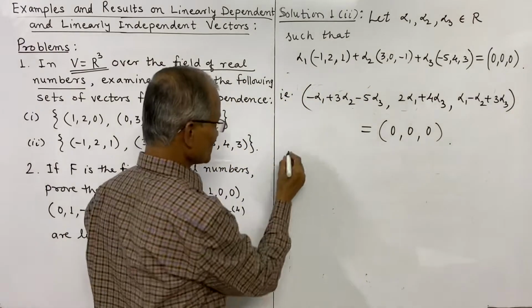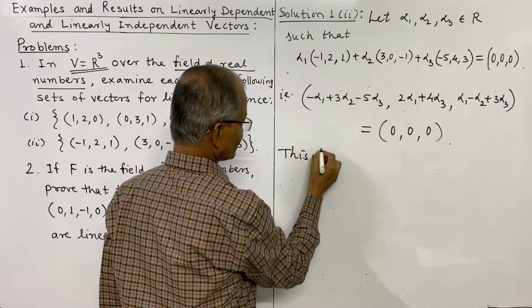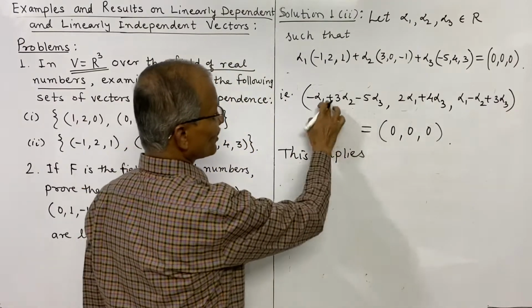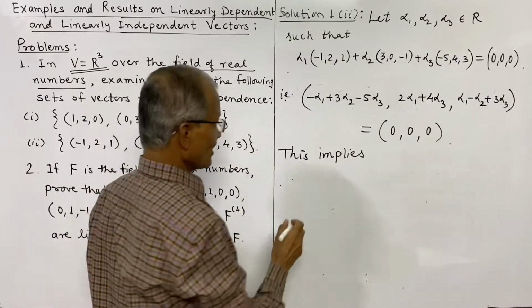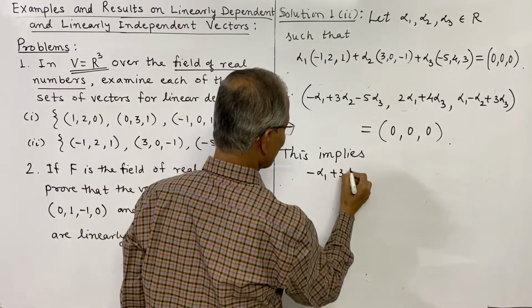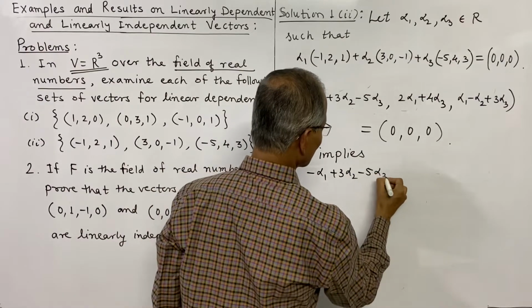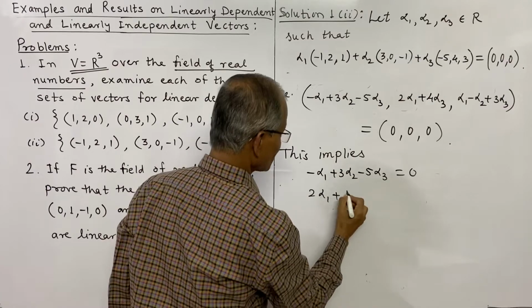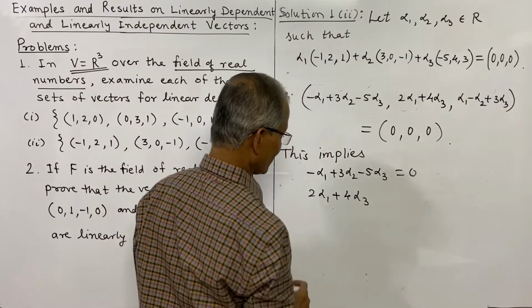So this implies, now see, each component is to be equal to 0. So the first equation is minus alpha 1 plus 3 alpha 2 minus 5 alpha 3 is equal to 0. The second is 2 alpha 1 plus 4 alpha 3, and that is equal to 0.